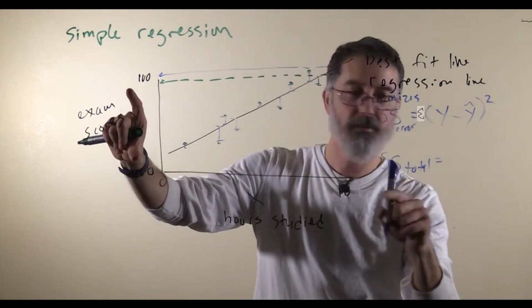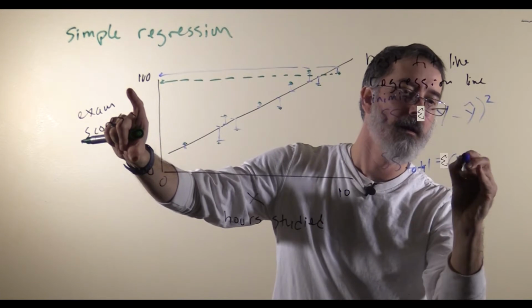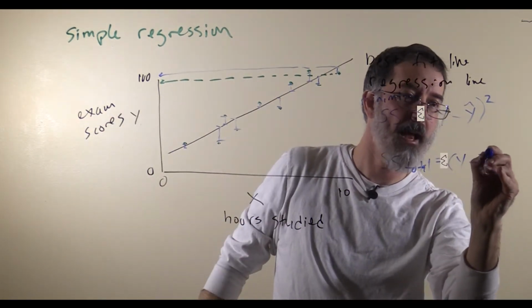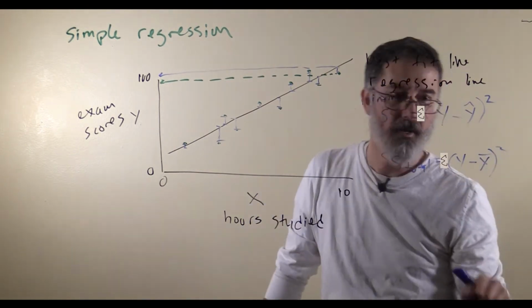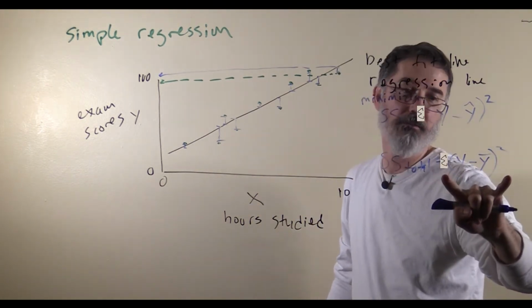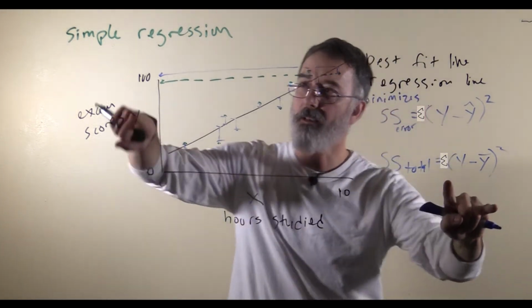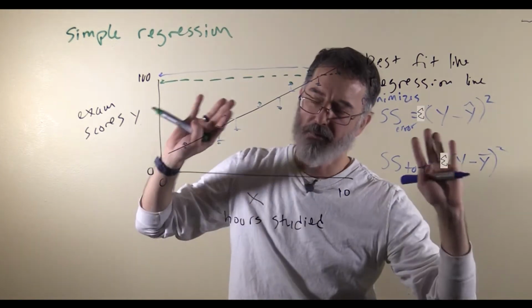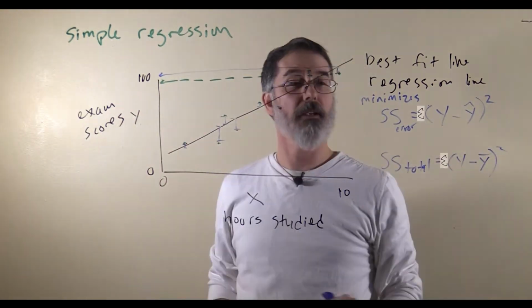And so the sums of squares total for y is just all 10 y scores minus the average y score, squared. That's not an x, that's a y. This is the regular old sums of squares, and that just tells us how much variation there is across y scores, just the total amount of variation that could possibly be explained.